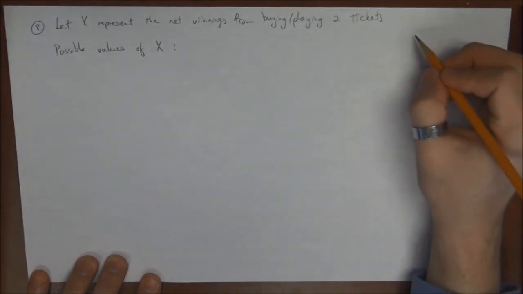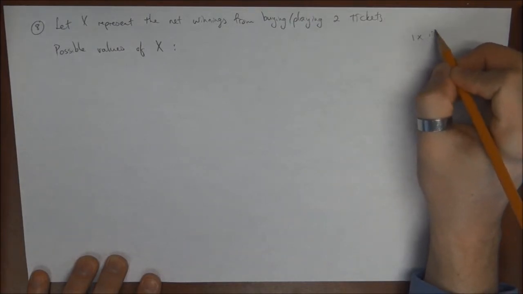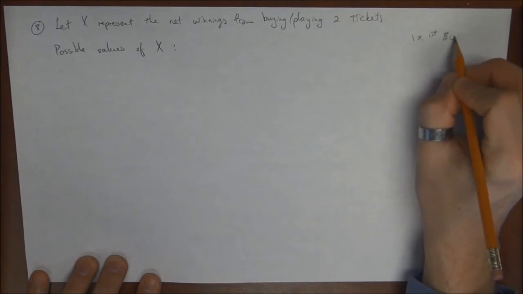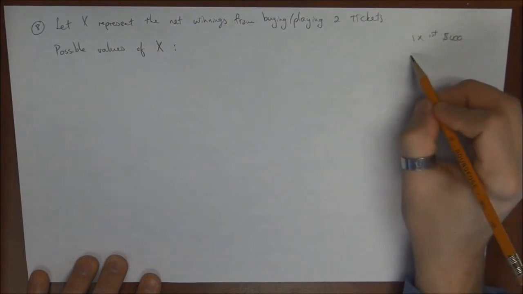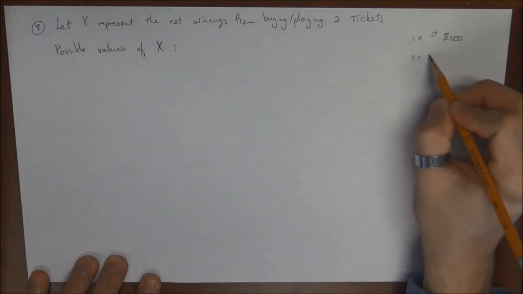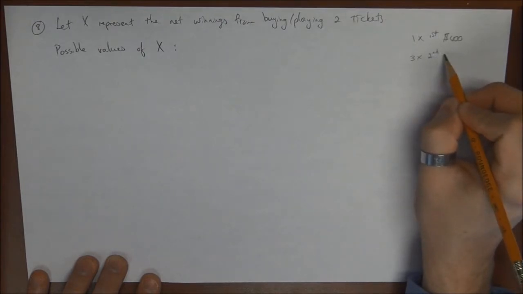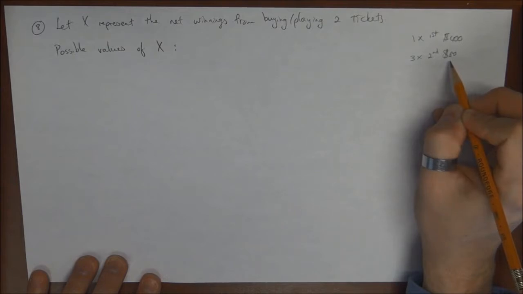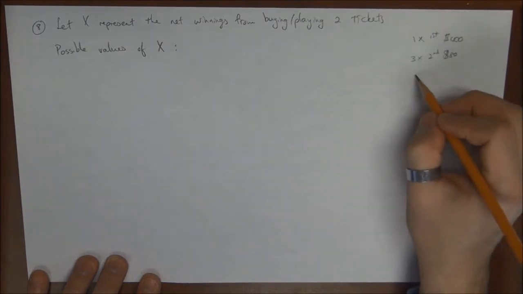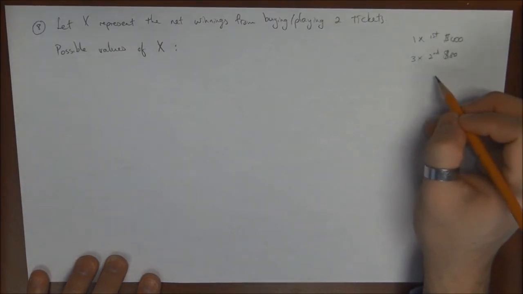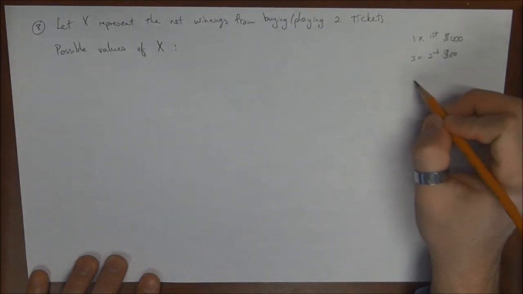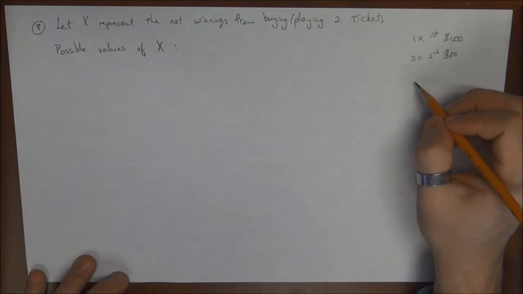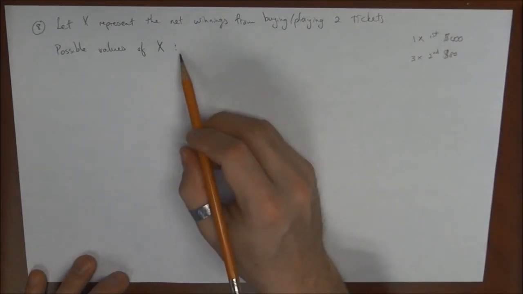So let's just write on the side here, I have 1 first prize of $400. I have 3 second prizes of $80 each, and that's it. And I also have a zero prize, of course. So what are the possible values?